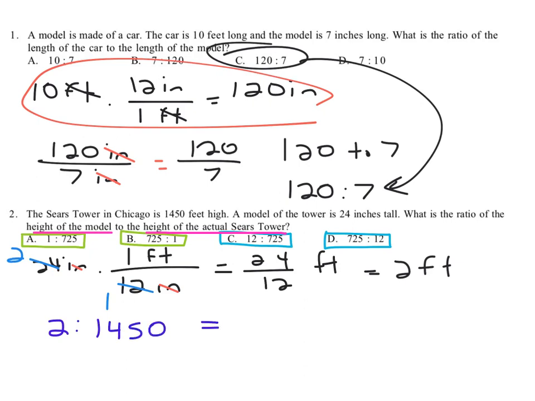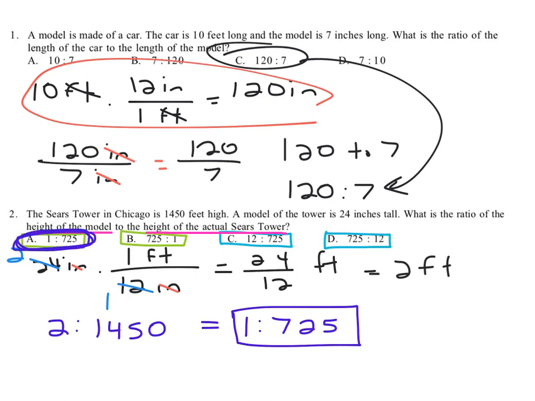Okay, and of course, simplifying that by dividing both by 2, you get 1 is to 725. Okay, so if you didn't put it in the right order, you wouldn't get what the actual answer is, choice A. You would get choice B instead, because that's the wrong order. You got to put the height of the model first, and since the model is smaller, the smaller number comes first.